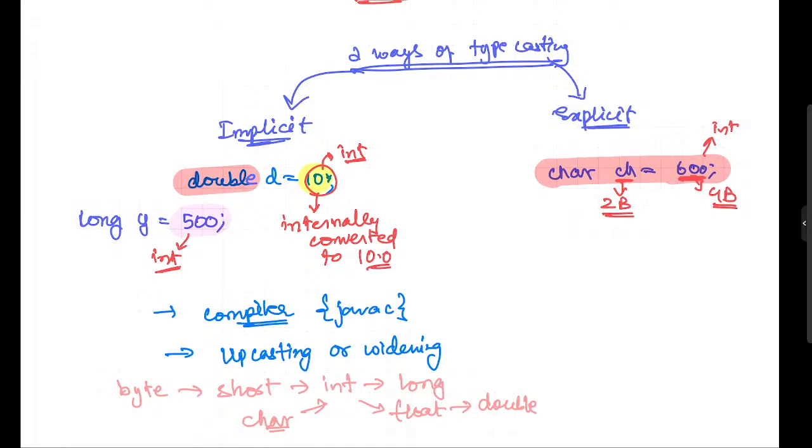So what it will do is cut the entire thing, take only a particular portion of whatever is there in your 32 bits, and assign it to ch. And so that is loss of information. So this particular thing generally is not possible in your Java.